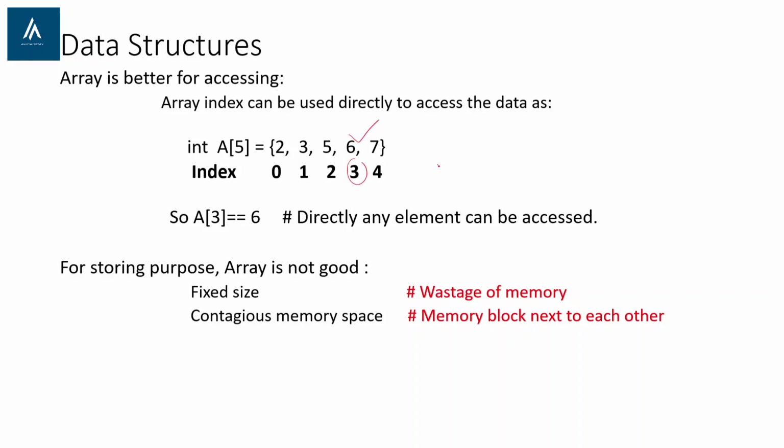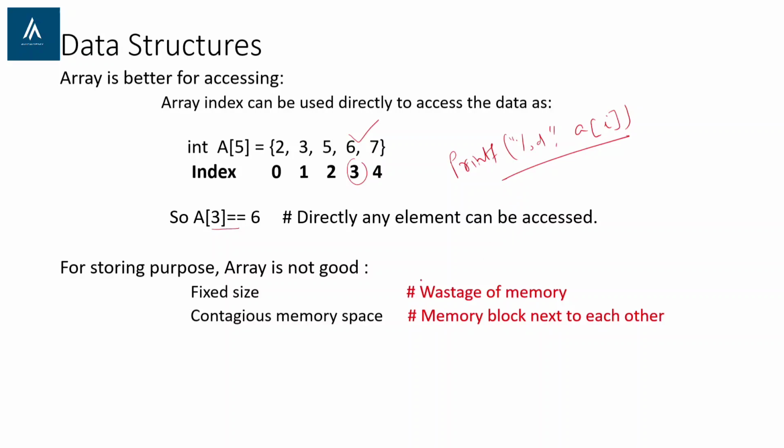If I want to get the value at this position, directly you write printf %d, a[i], whatever index you are taking will give the value of that specific index. Here I have taken index 3, so it goes to the 6, and directly the element can be accessed.